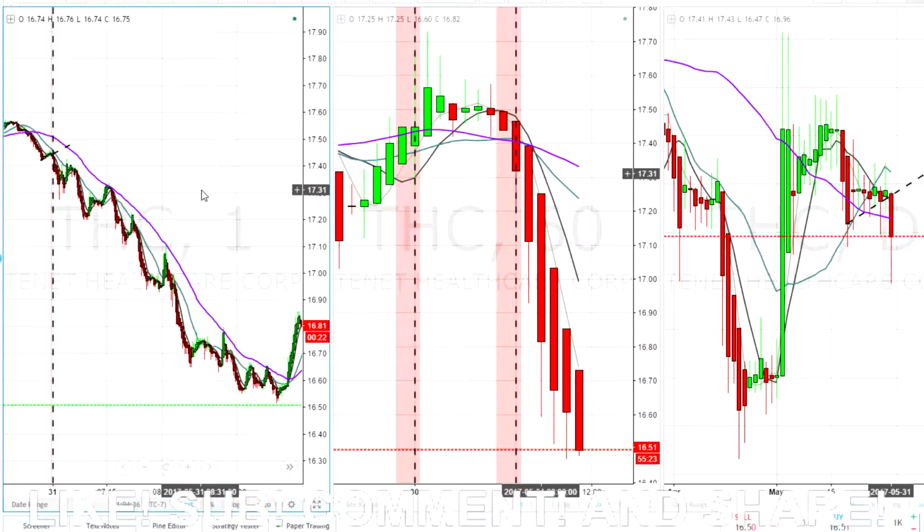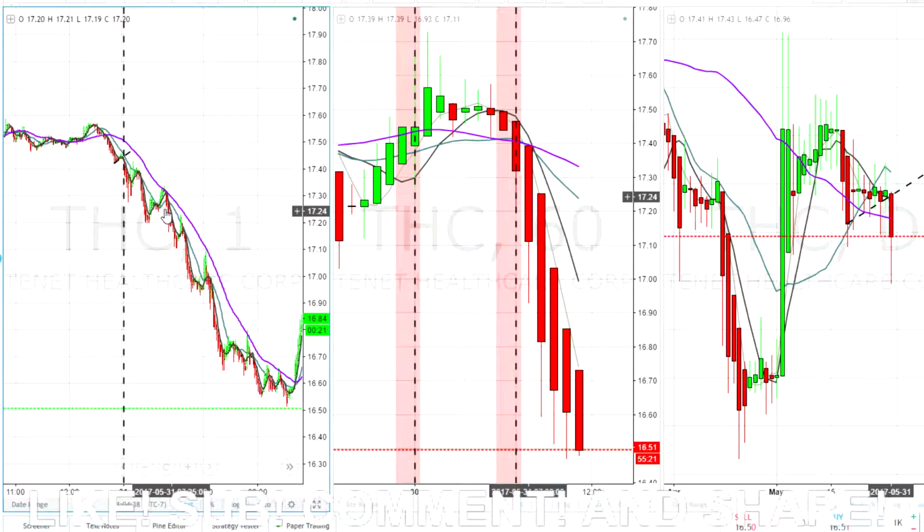Now if you're a low risk trader like me, I would have taken it right here. But the hourly can help in deciding whether to stay in or not, and with that, you would just need a keen eye.